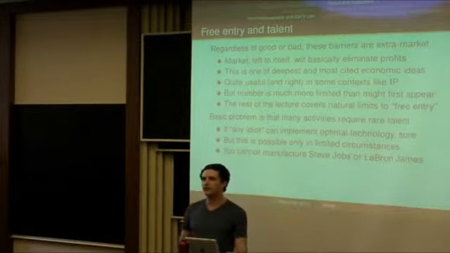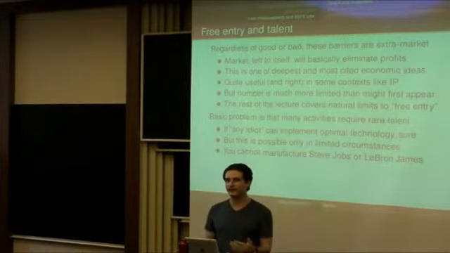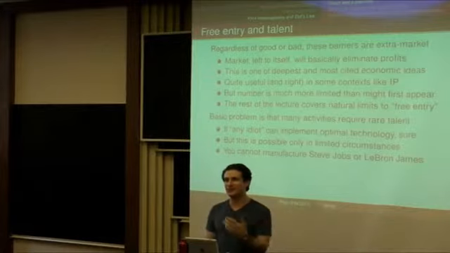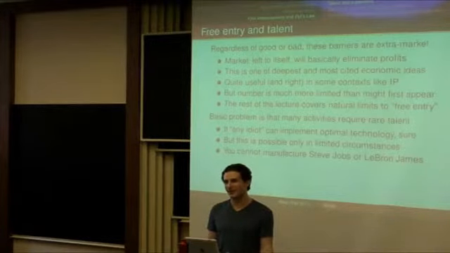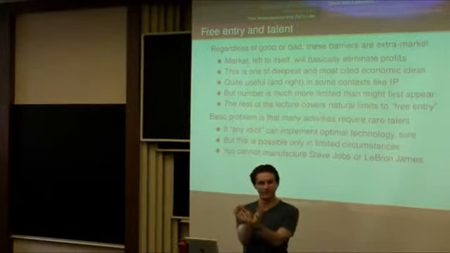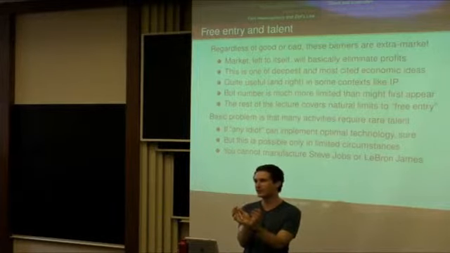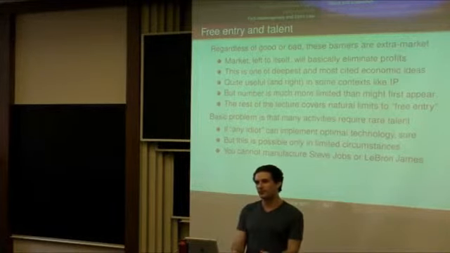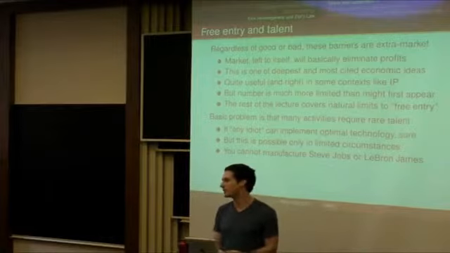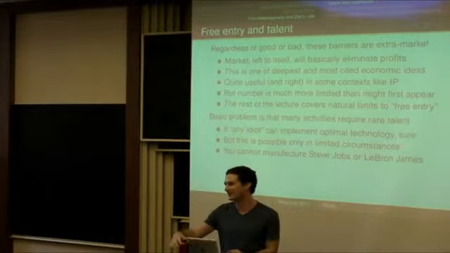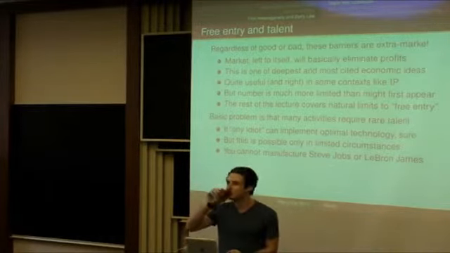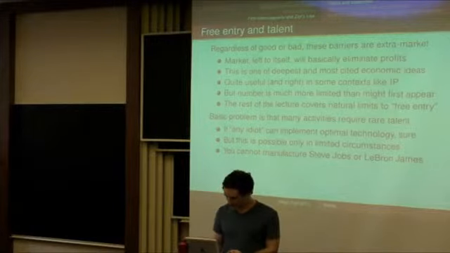So I don't think you can just completely freely go out and become Steve Jobs, right? You may be able to reverse engineer his little iPod, but you probably can't reverse engineer what it takes to be him, right? And you probably also, just by watching LeBron James, can't yourself become LeBron James, right?